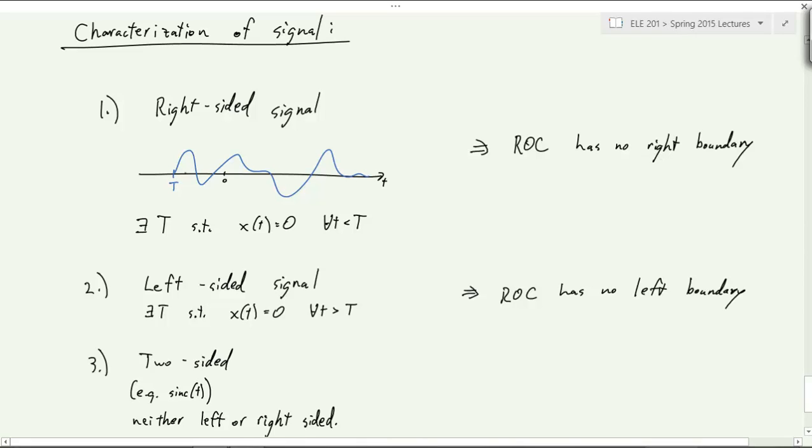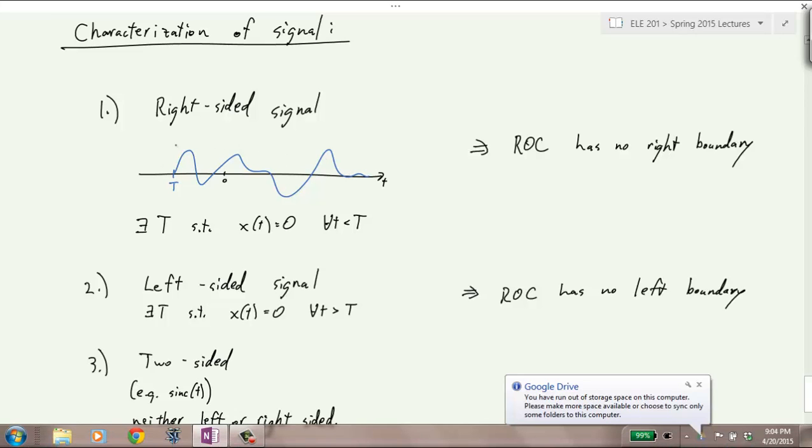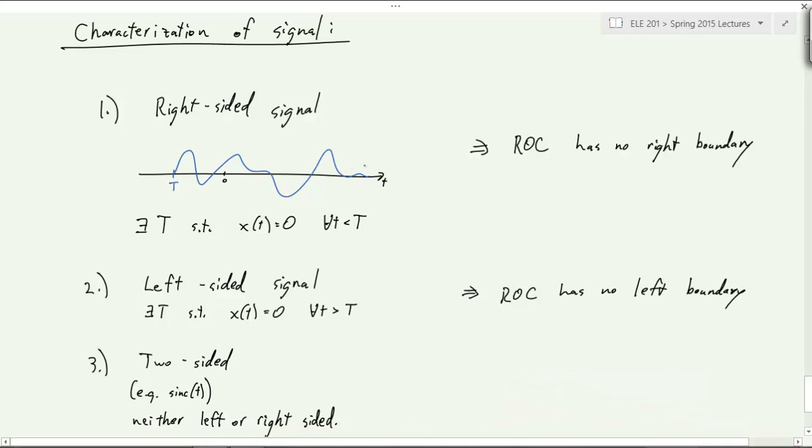If it's right-sided, that means to the left it ends. Then increasing sigma just tapers off your signal even stronger, and by tapering it off stronger, you can't make it diverge. If it's already converging for some value of sigma, then it's definitely going to converge for a larger value of sigma that just makes it decay faster. So that's why this property exists.